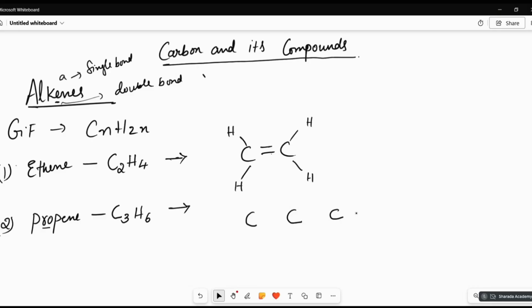It has one double bond. If I write a double bond here, two bonds here, for this carbon the remaining will be two other bonds. For this carbon, you already have three, so you have only one. Here it is one, so write the remaining. You will get it filled with hydrogen.